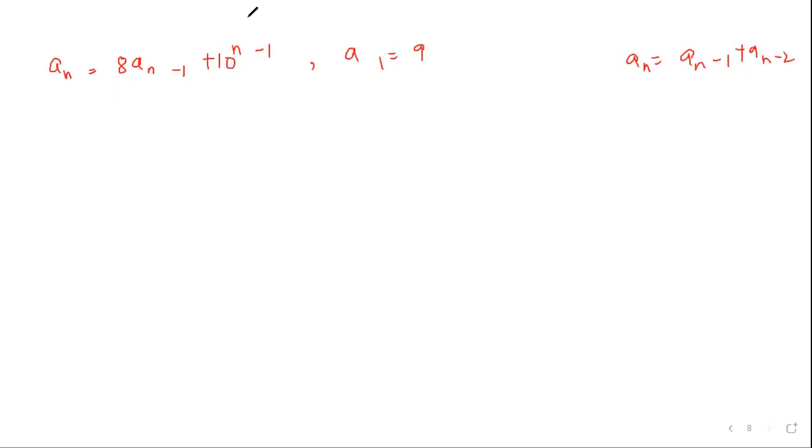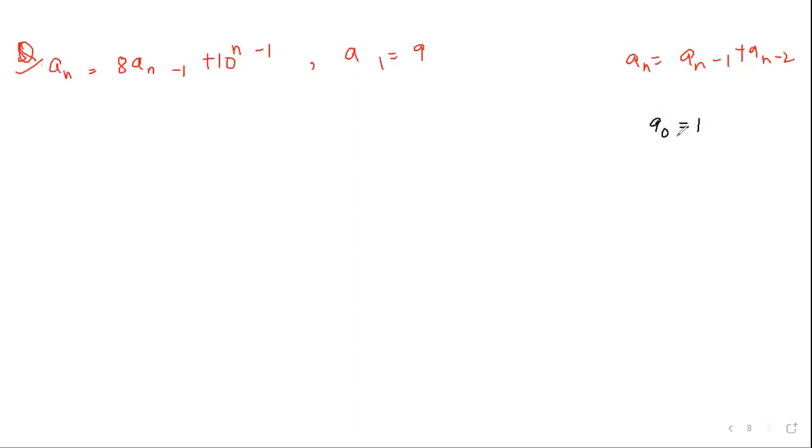Now for this question, we need to give the solution using generating functions. To make our work with generating functions easier, we extend this sequence by setting the value of a_0. So we take the value of a_0 as 1.